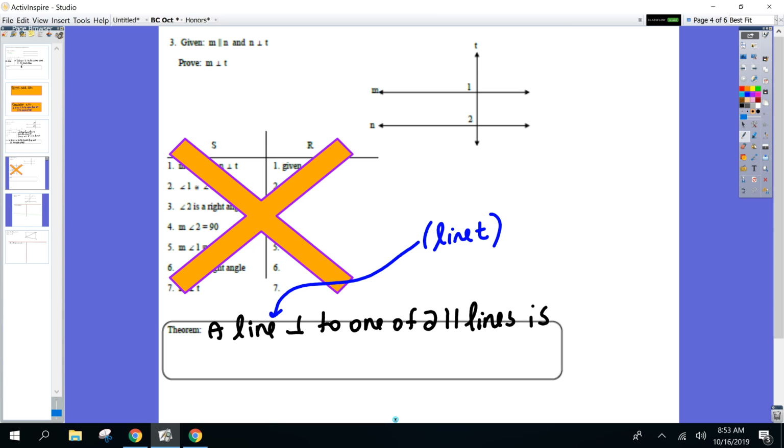So if you're talking about line T, not only is it perpendicular to N, it's also perpendicular to M. So a line perpendicular to one of two parallel lines is also perpendicular to the other parallel line, yes.